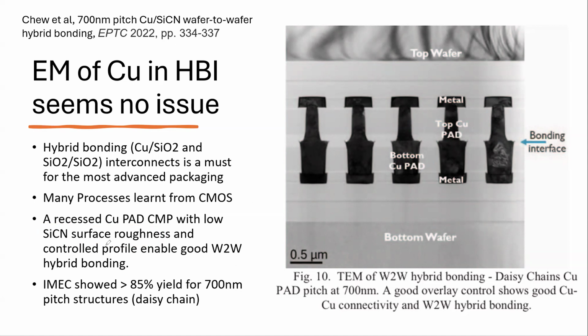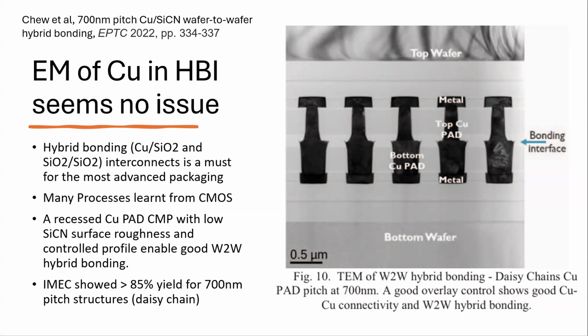It's not chemical, it's mechanical. You don't form a funky layer and try to adhere them chemically. You are doing mechanical adhesion only, and the surface has to be super flat and super clean. That is the challenge. Once they've done that, electromigration, no problem. Let's not go into detail, but published in 2022, this test vehicle, no problem.